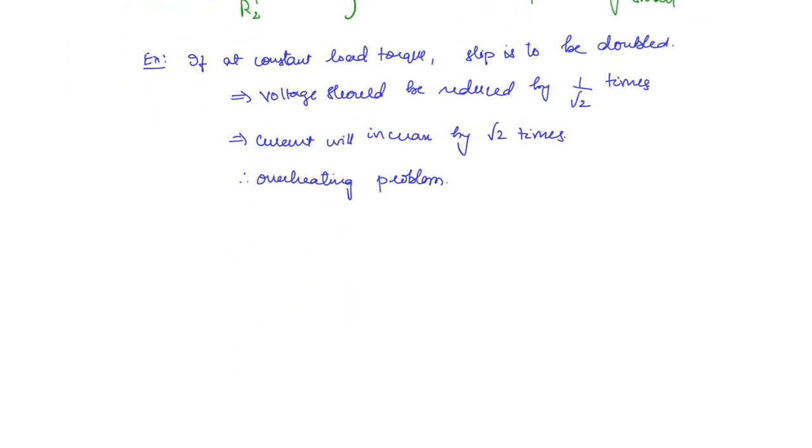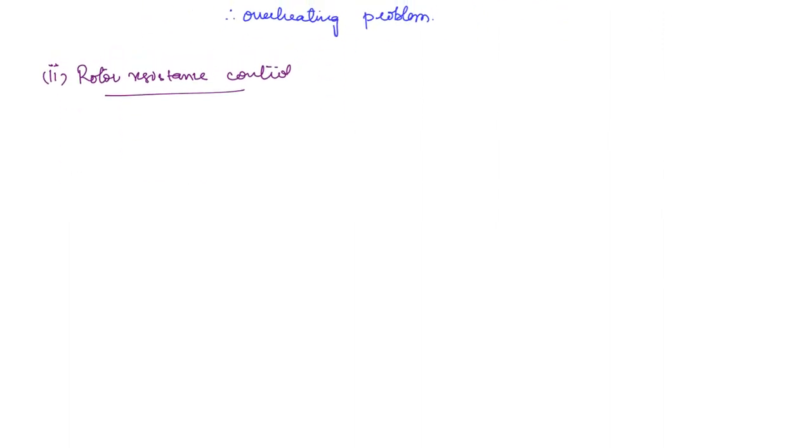So this is one method. Another method is the rotor resistance control. So we are already familiar with it, right? Rotor resistance control can only be done for slip ring induction motors. So if you remember the torque slip characteristics, we are going to use them often, so it's better you just remember them.